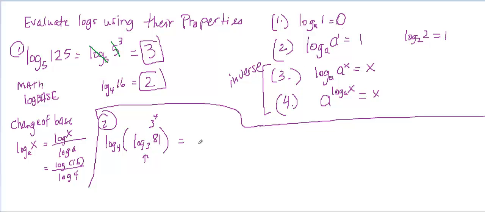Then we've got log base 4 of log base 3 of 3 to the 4th. So the log base 3 and the exponential cancel. So we have now log base 4 of 4. Well, by property number 2, we know that that is 1. So this complicated thing using logarithms is just 1.